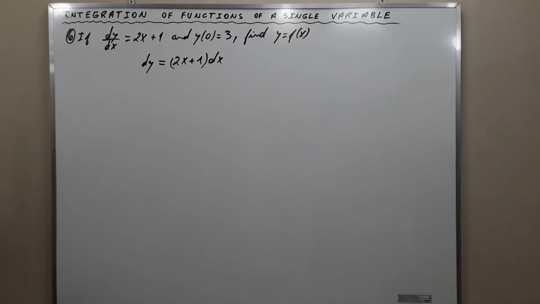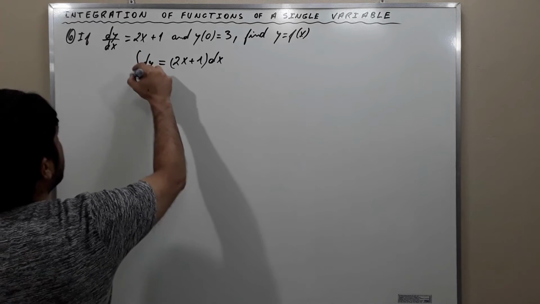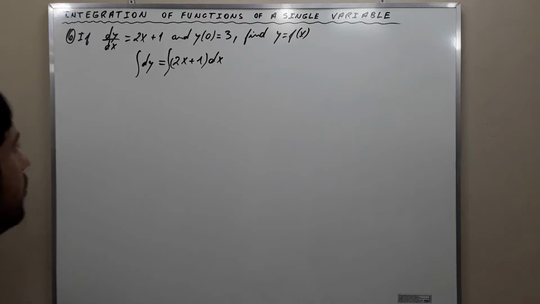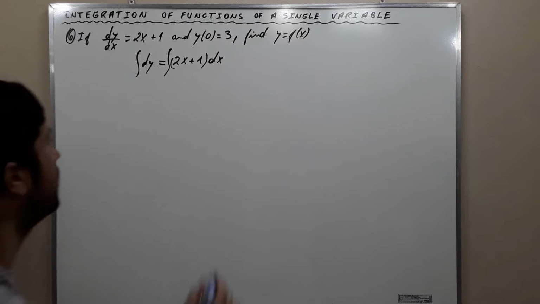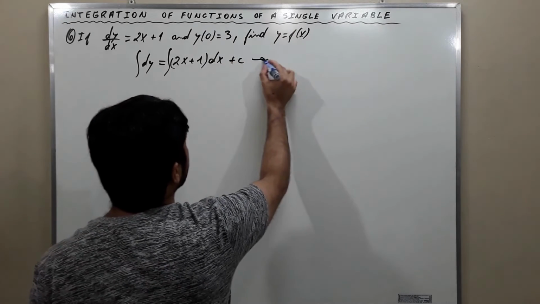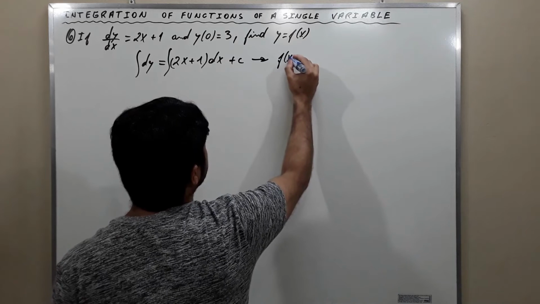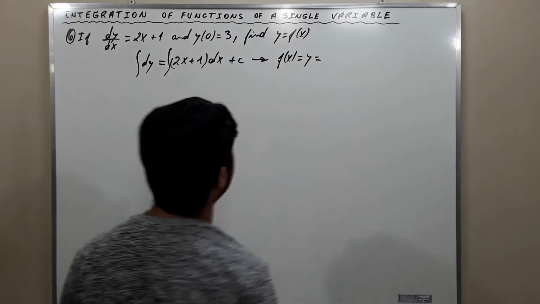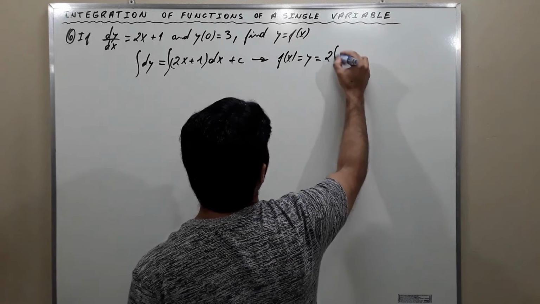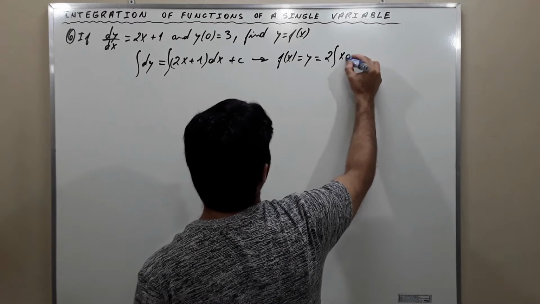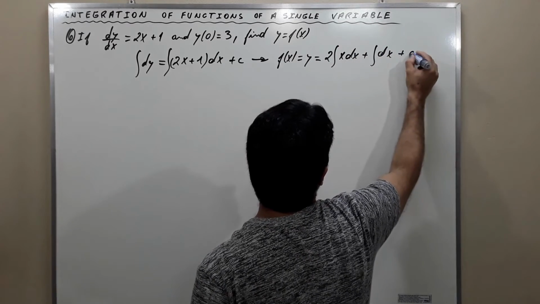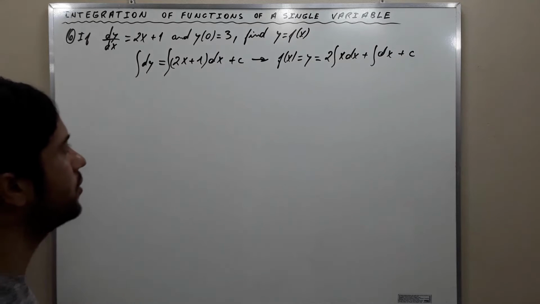and if we integrate both sides, we get that the integral of dy is equal to the integral of 2x plus 1 dx plus a constant of integration. Then f of x equal to y is going to be 2 times the integral of x dx plus the integral of dx plus a constant of integration.